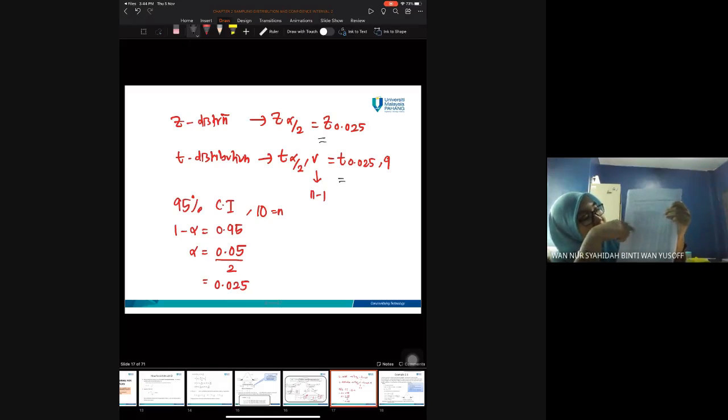So what we have here are columns that alternate between the alpha and the value that we need: Z alpha is the value that we need, and then repeated alpha, Z alpha, alpha, Z alpha. So what we need to do is find 0.025 from the column of alpha.